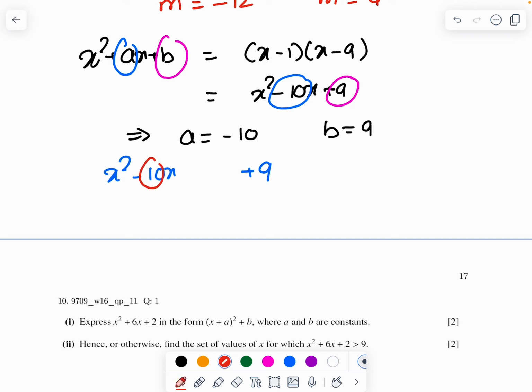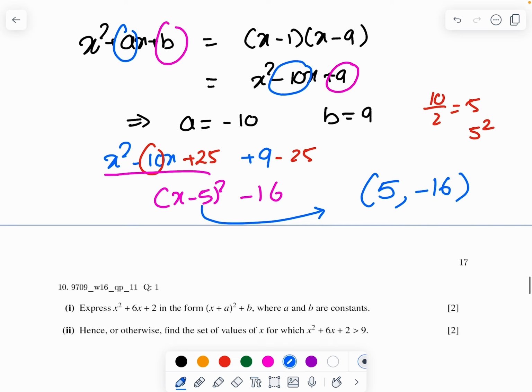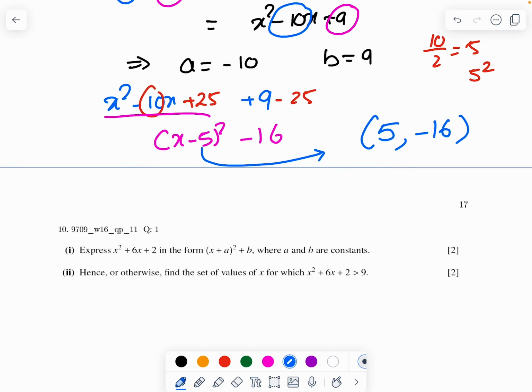So now this is 10 divided by 2, which is 5. So 5 square 25. So add 25, subtract 25. So these three terms will become x minus 5 whole square minus 16. So what's going to be the vertex now? Opposite sign 5 and same sign negative 16. 5 comma negative 16 is going to be the vertex.